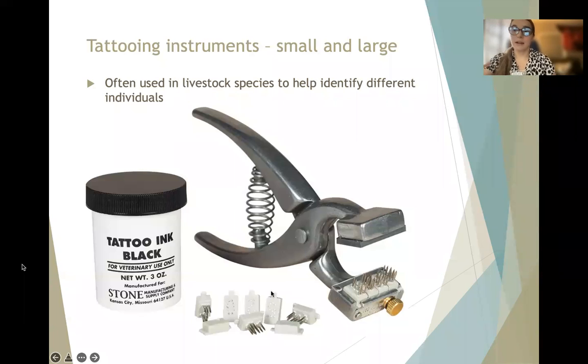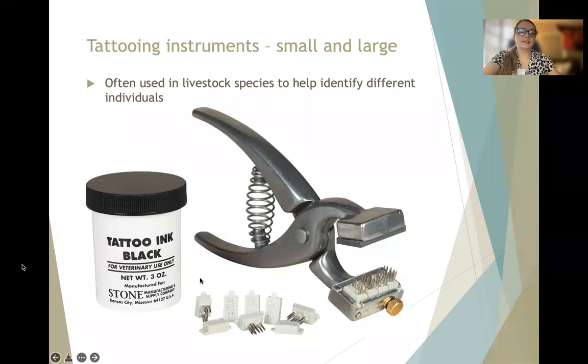So if you're trying to number every single, for example, rabbit, you want to number each one so that you can keep track of who it is and what their intended use is for. So we can swap out these numbers here, and then it's just a singular punch. It's just like a tattoo needle going in, and then it comes right out, and it just leaves little black dots. As you can see, there's little dots going around, like for the 0 to 5. And that'll number that patient moving forward.